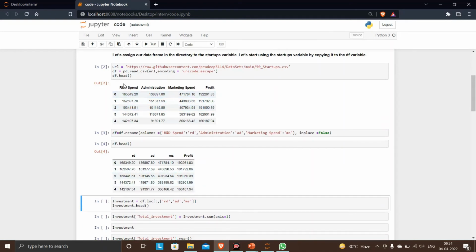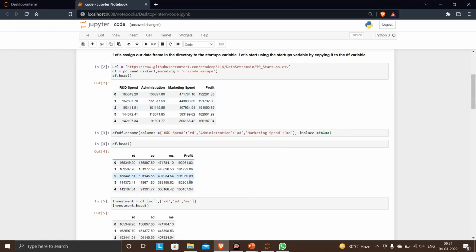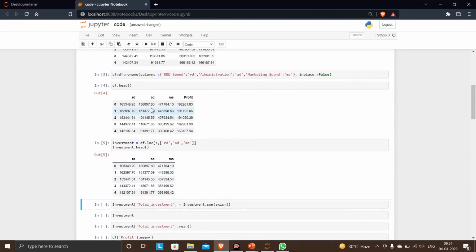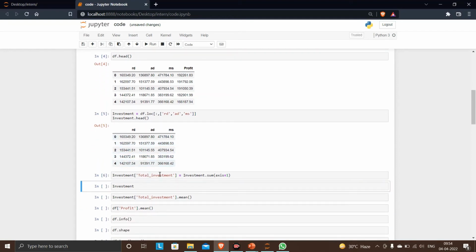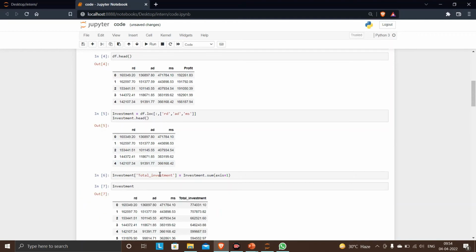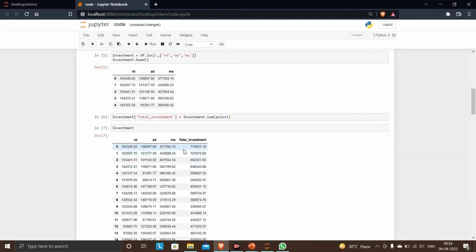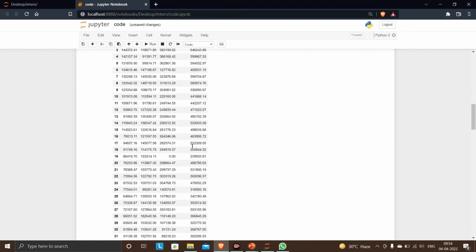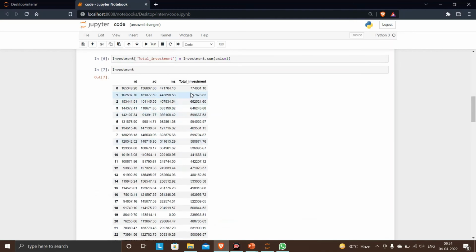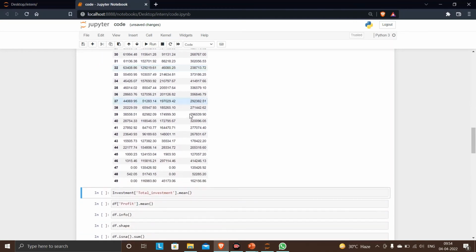Now you can see R&D spend is represented as RD, administration as AD, and marketing spend as MS, and profit is profit. Going further, I have calculated investment in another data frame named investment. I have the sum of investment as total investment, so that I can know how much the startups have invested and what profit they made.